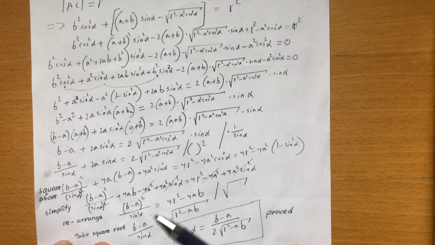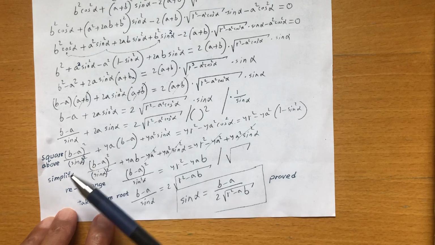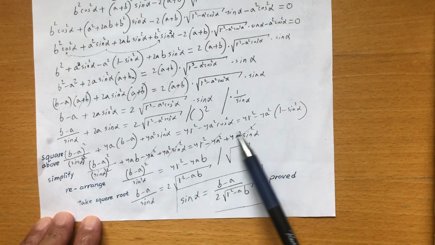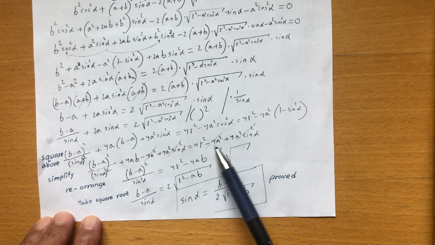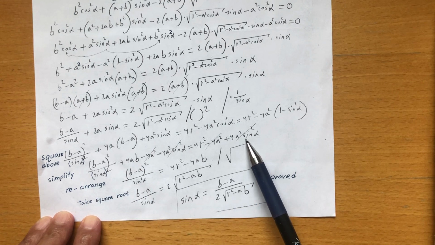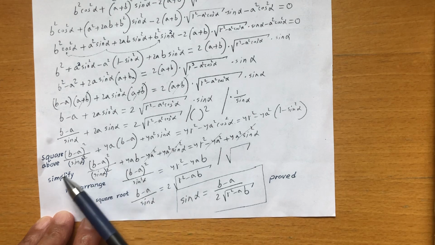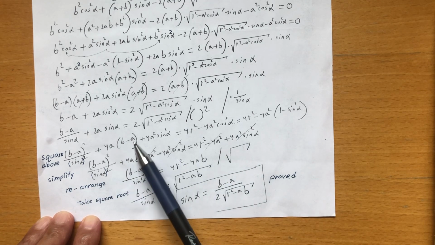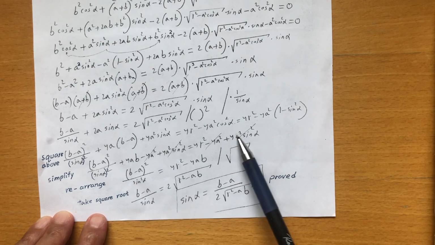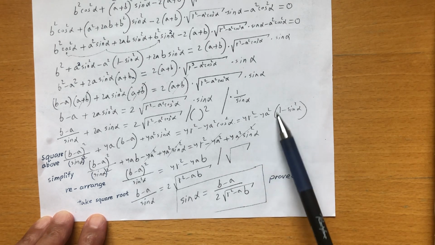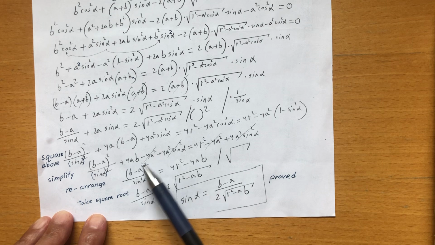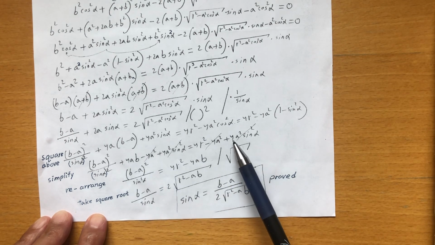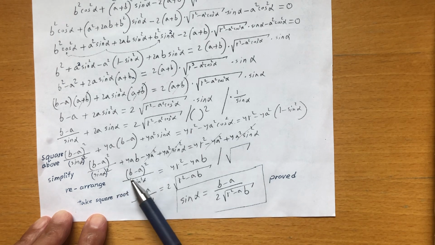Then you go to the next. Simplify this line, you get this. What he was doing is to multiply out, and multiply out. And then you find something can be cancelled. After cancellation, you get this.